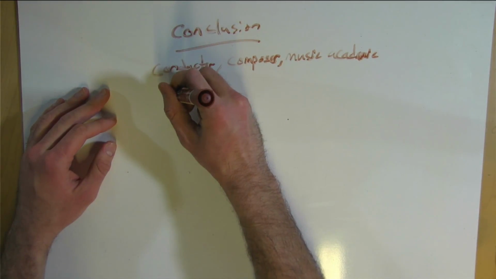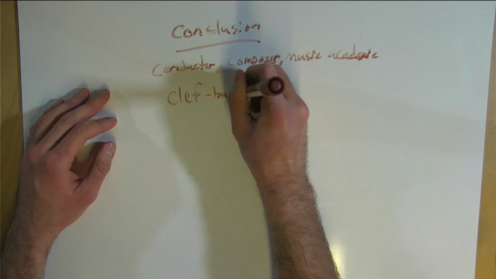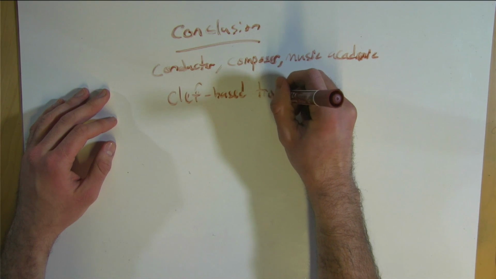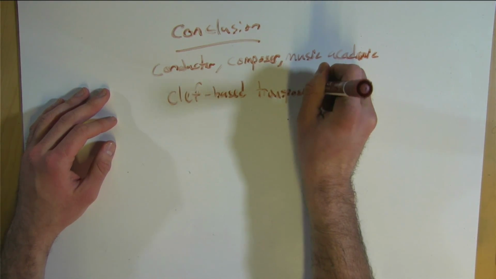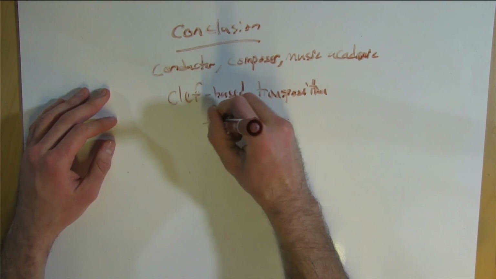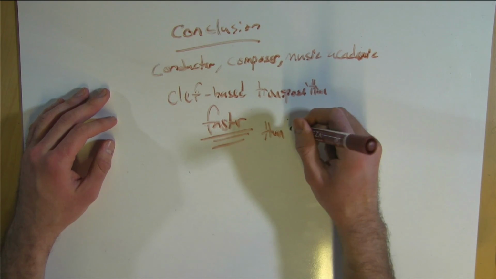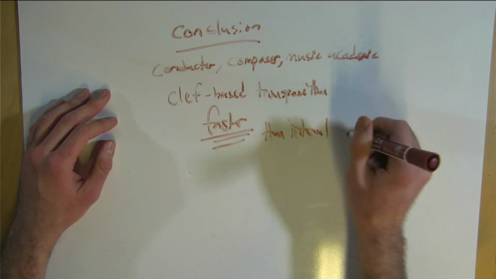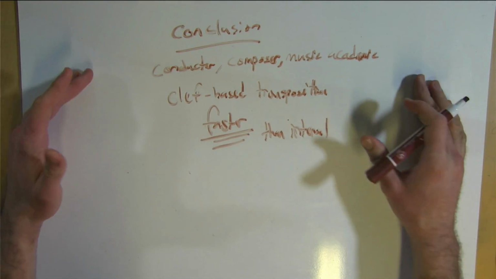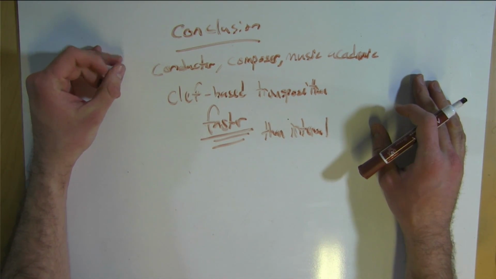And using clef-based transposition, which is what I talked about today, is simply faster. Clef-based transposition is faster than interval-based transposition. It just is. But, of course, there is a but.